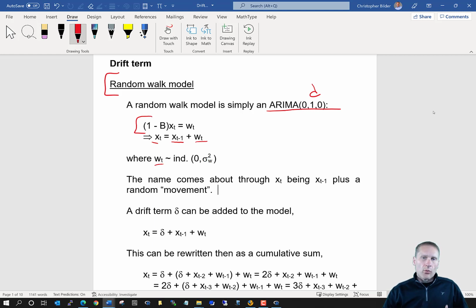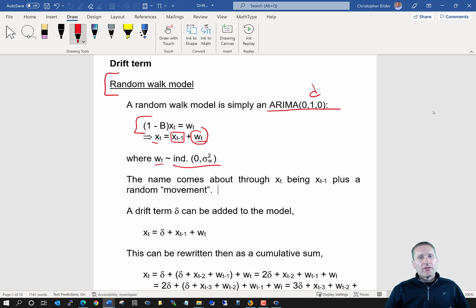Now where the name random walk comes from is as follows. Imagine you are starting at a numerical value at time t-1. Now to get to time t, you just add a random value coming from a particular distribution with mean 0 and variance sigma squared W. So in other words, you are moving in a random direction from where you were at time t-1 to get to time t.